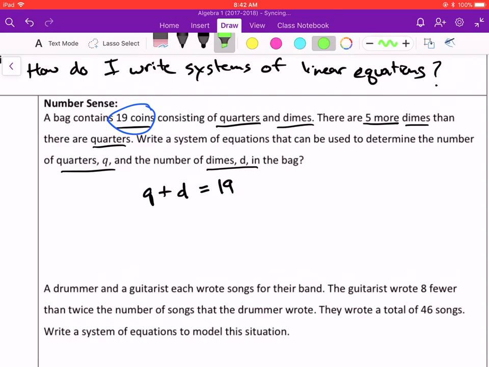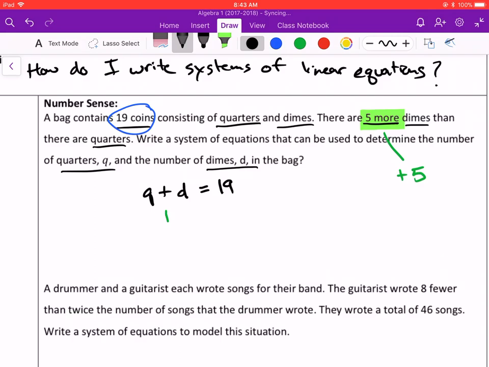Now, what I want you to focus on is this says there are 5 more, okay? A lot of us get confused and think that that means 5 plus. But 5 more actually means plus 5, okay? It's always flipped, right? It's always plus 5. Let me write this over here to show what I mean. 5 more than what? 5 more dimes than quarters, right?